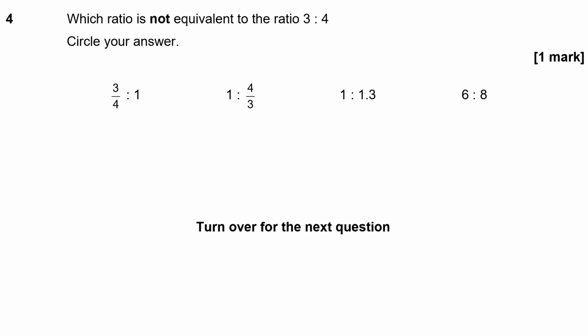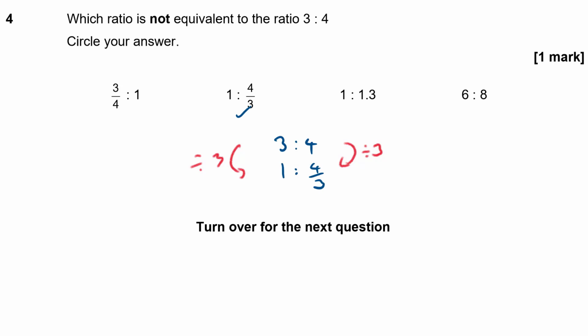Question 4. Which ratio is not equivalent to the ratio of 3 to 4? Circle your answer. So if I got the ratio of 3 to 4, if I make the 3 into a 1, so if I divide this by 3 and divide this by 3, that's going to give me 1 to 4/3. So that one is okay.